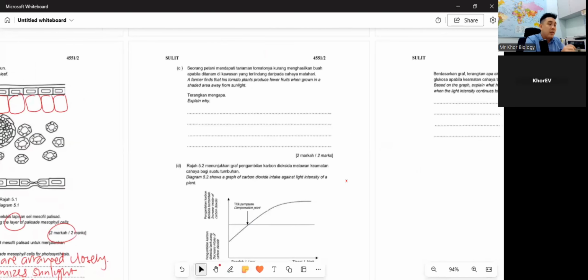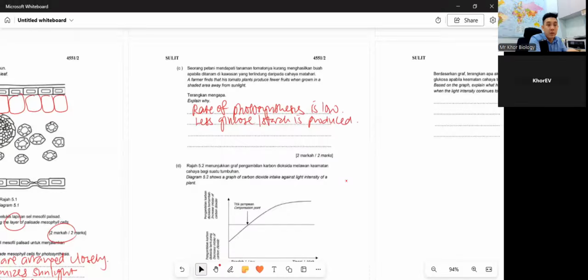All right, C, a farmer finds that his tomato plants produce lesser fruits when grown in a shaded area. Common sense, because why? Guys, rate of photosynthesis is low. So what happens is less glucose, or you can say starch, is produced.